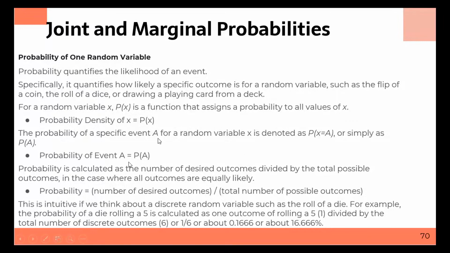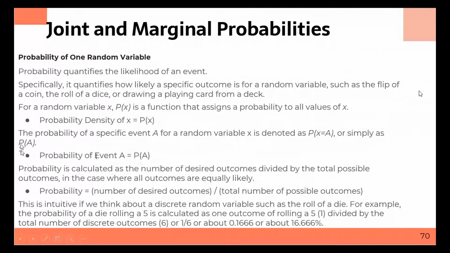For the event toss, there may be tails or there may be heads. The event is toss, and we can denote it as probability of X equal to A, or simply P of A, representing probability of A.